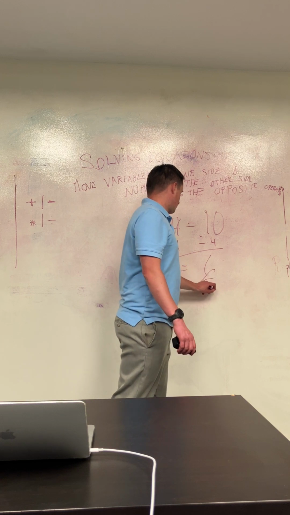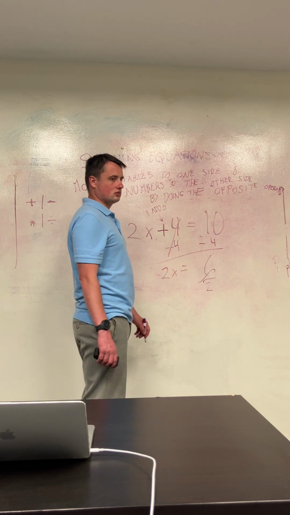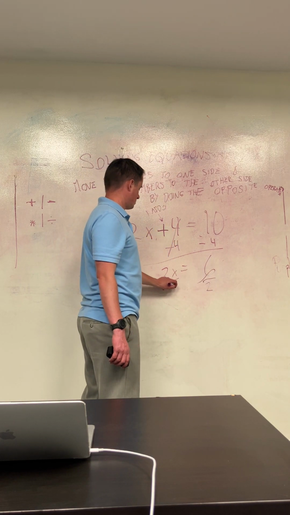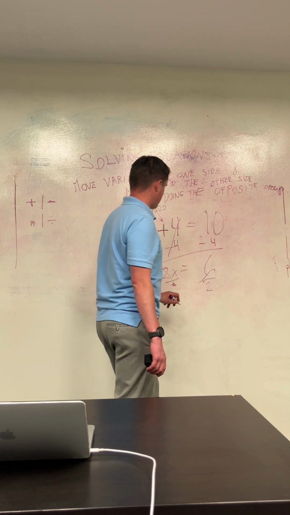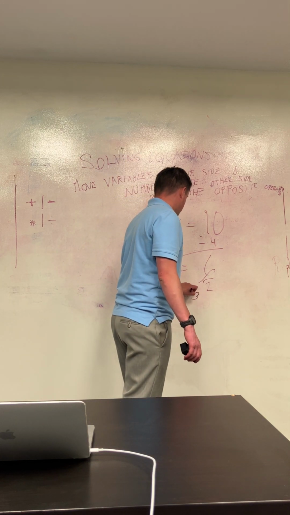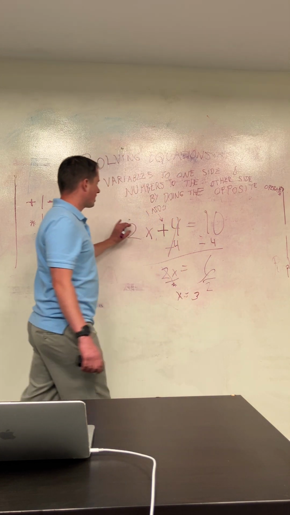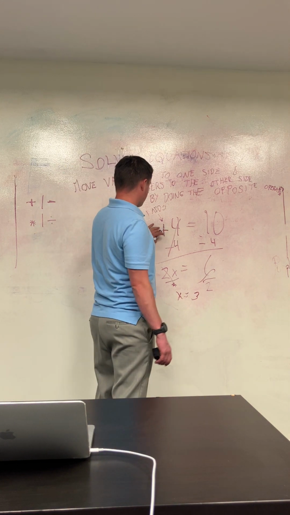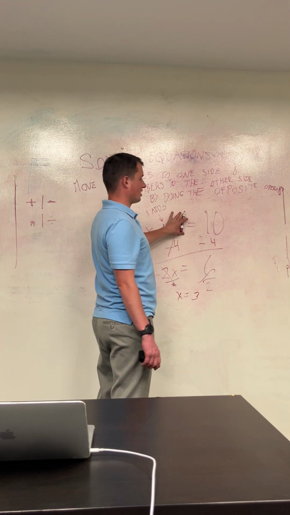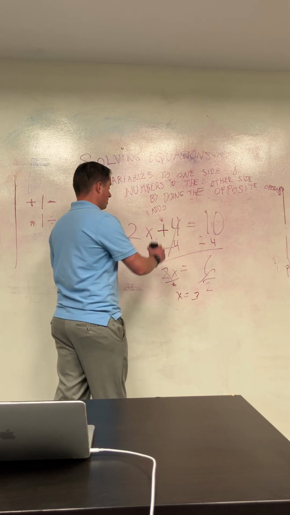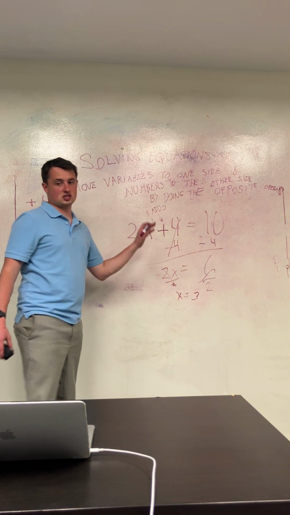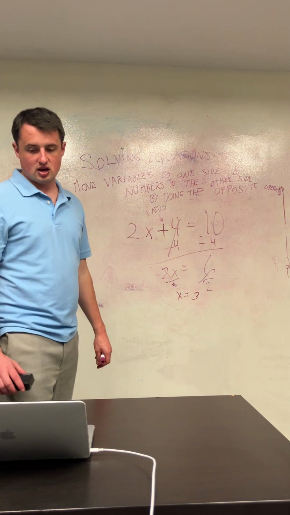And then what are we doing over here? Put division 2. Yeah, so that cancels out. X equals 3. So when you've got it like we had here with something X and then a number, the first thing you want to do is get rid of the numbers. That's easier, to just get rid of the number and move it to the other side.